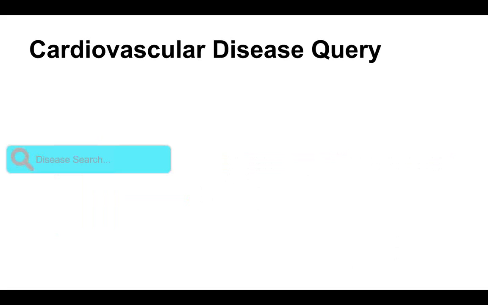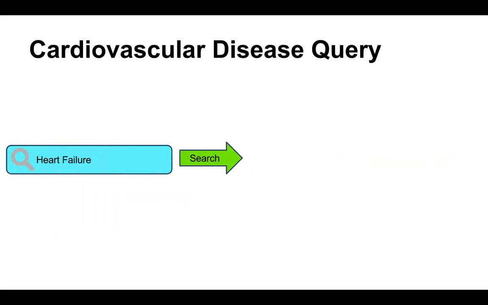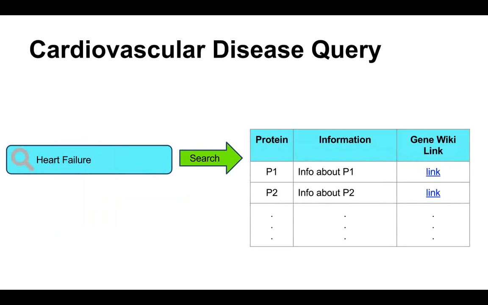So for example, a user can look up a cardiovascular disease and search which proteins are associated with the disease. We're hoping this feature will allow cardiologists or citizen scientists who are not familiar with proteins to perform this search to learn the role and function of the protein in the disease and medicine.